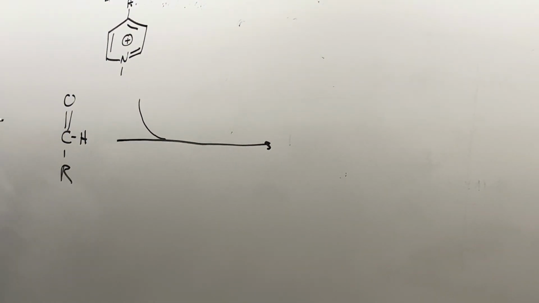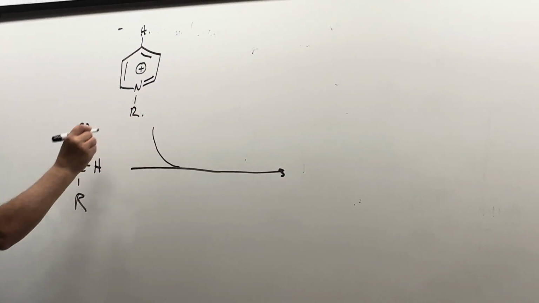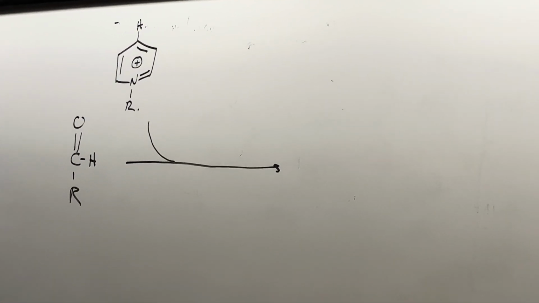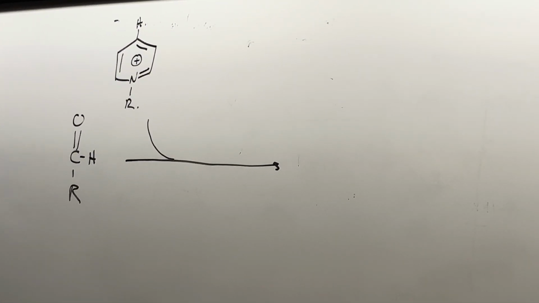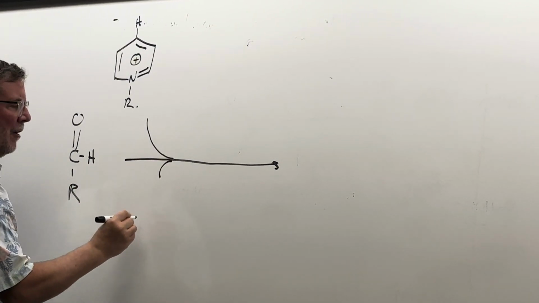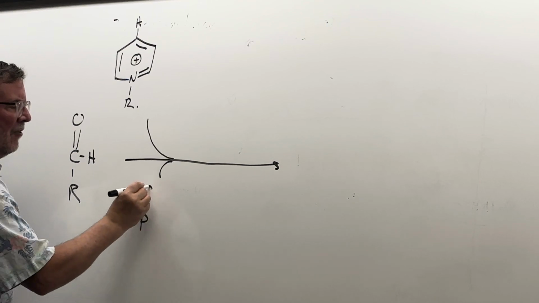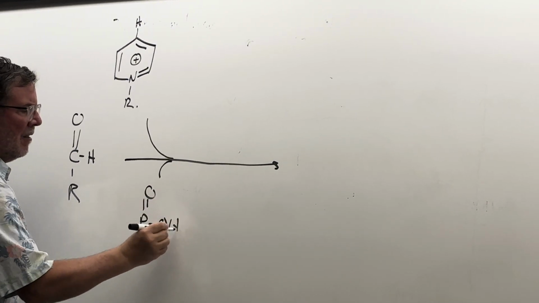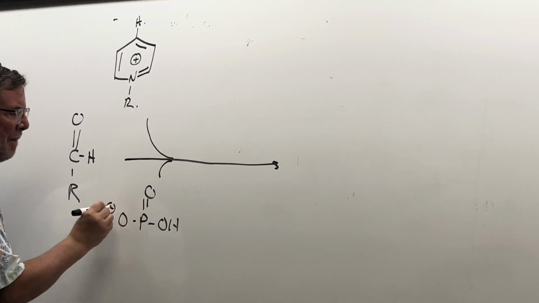It's like this, and I'll put R down here. I'll remind you of the overall structure in a little bit. I'm going to show you that we're going to be bringing in this phosphate here.